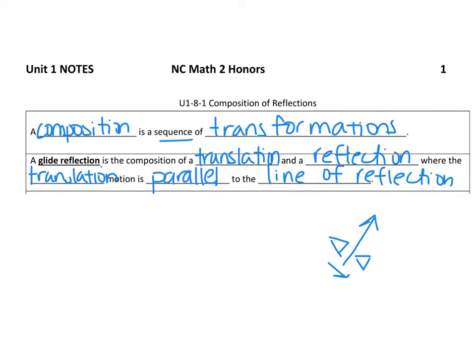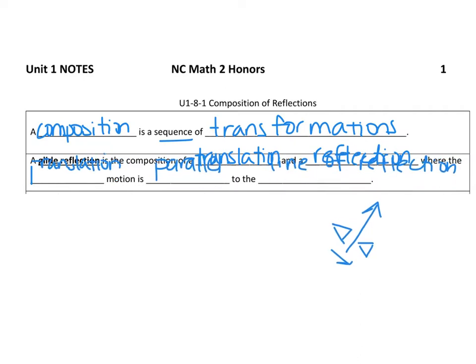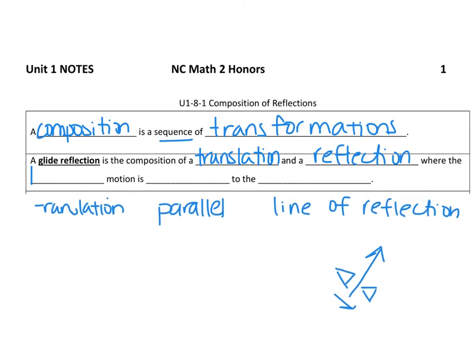Let's say, for example, we took this triangle and we reflected it over this line. When we do our translation, it has to be parallel to that line of reflection. So this image is going to translate that way. The line of reflection and the translation are parallel.